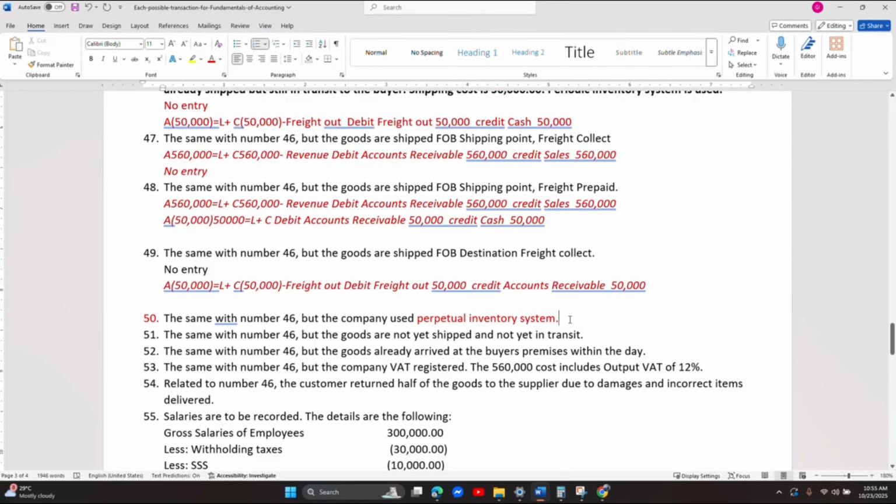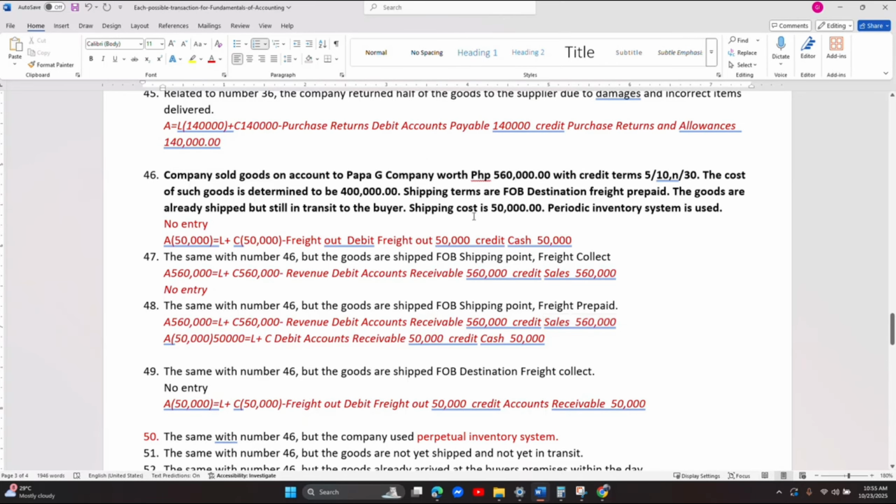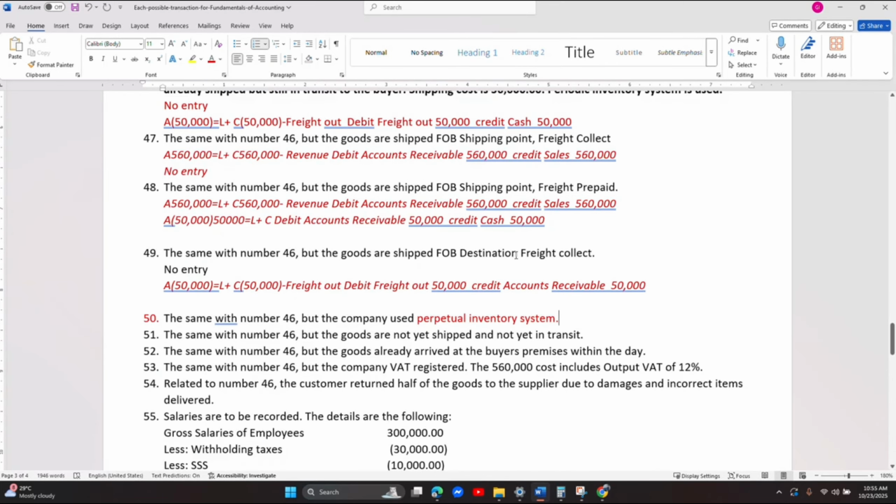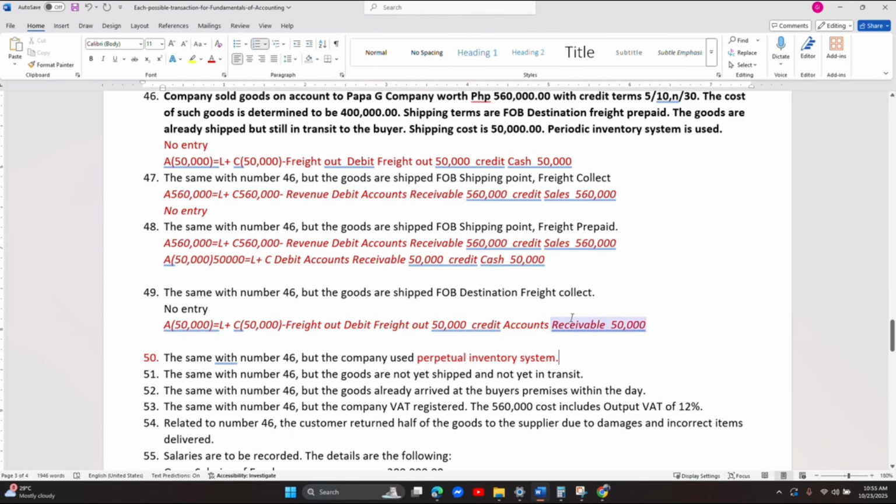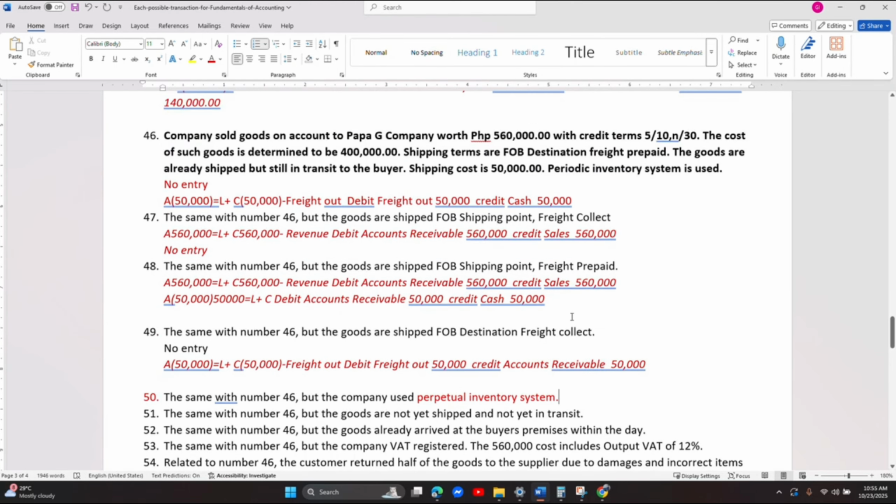Let's go to number 50. What if we're going to follow the number 46, but we are using perpetual inventory system? So what will happen is that the entries will still be the same with the number 46.